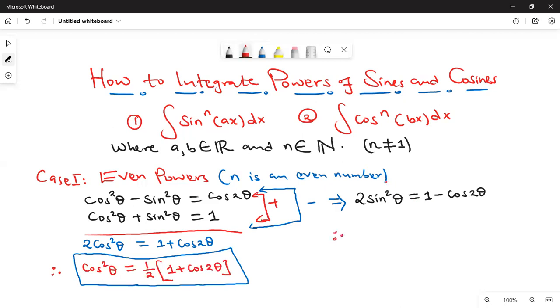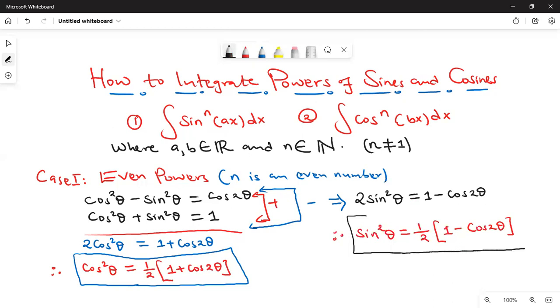Therefore sine squared theta is the same as 1 over 2 times 1 minus cos 2 theta. It's another identity that we are going to use when integrating sine squared theta. Remember, instead of theta, you can use x if your integrand depends on x.